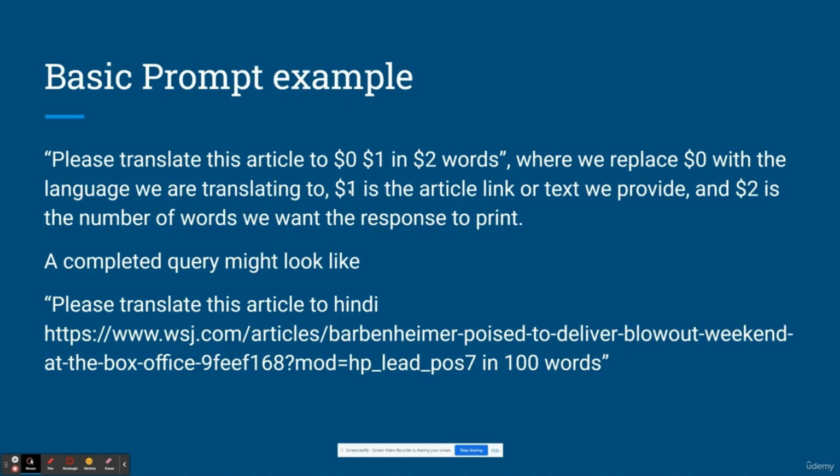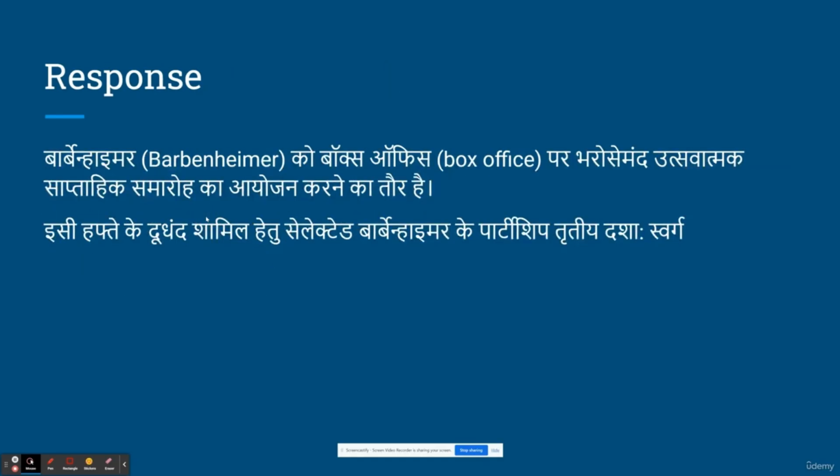So a basic prompt example in this case is, "Please translate this article to [first placeholder] in [second placeholder] in [third placeholder] words," where we can replace the first placeholder with the language we're translating to, the second placeholder with an article link or text we provide, and the third placeholder with the number of words we want the response to print. An example query might look like, "Please translate this article to Hindi with this link from the Wall Street Journal in 100 words." So a response might look like this.